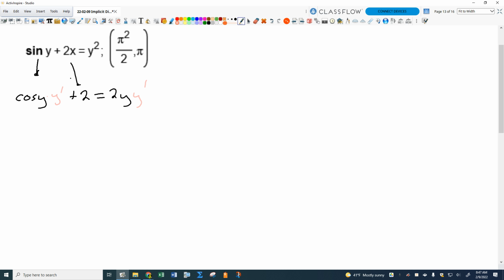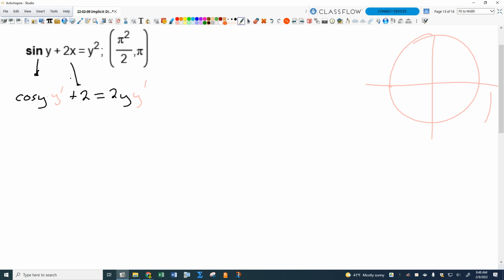It's not asked for, and all we're trying to do is find a tangent line. So let's plug in the values of x and y right now, which will make it easier to solve for y prime. If we're plugging in pi for y, cosine of y would be what? Negative 1, right? We just look at the unit circle. Pi is right there, and cosine's the x coordinate, so it'd be negative 1, wouldn't it?